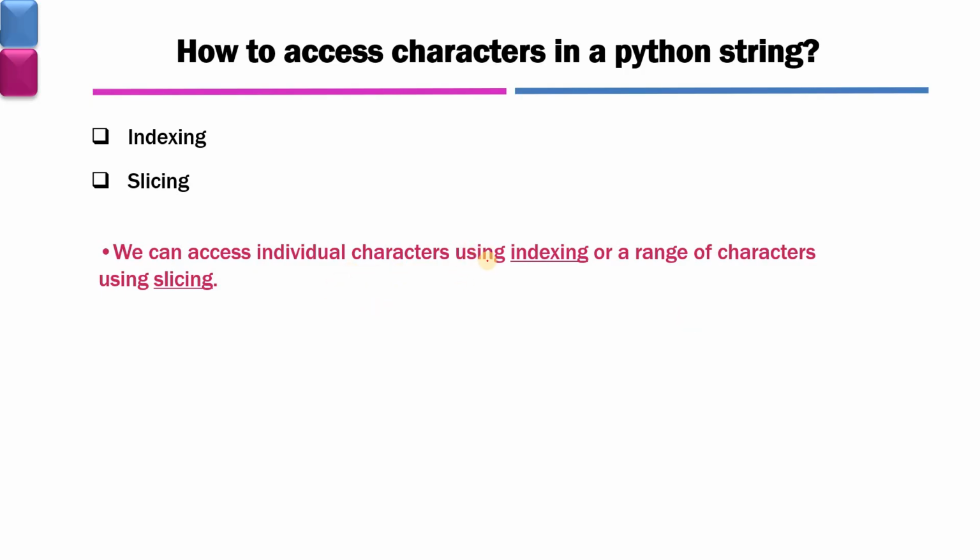But remember one thing: using indexing, we can access individual characters in a string, and using slicing, you can get a range of characters. I will show you the difference between indexing and slicing. So let's start with indexing.